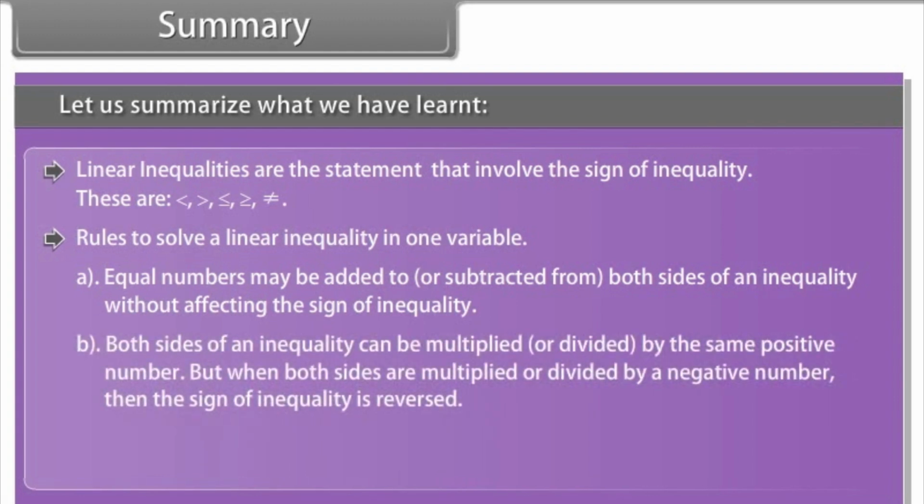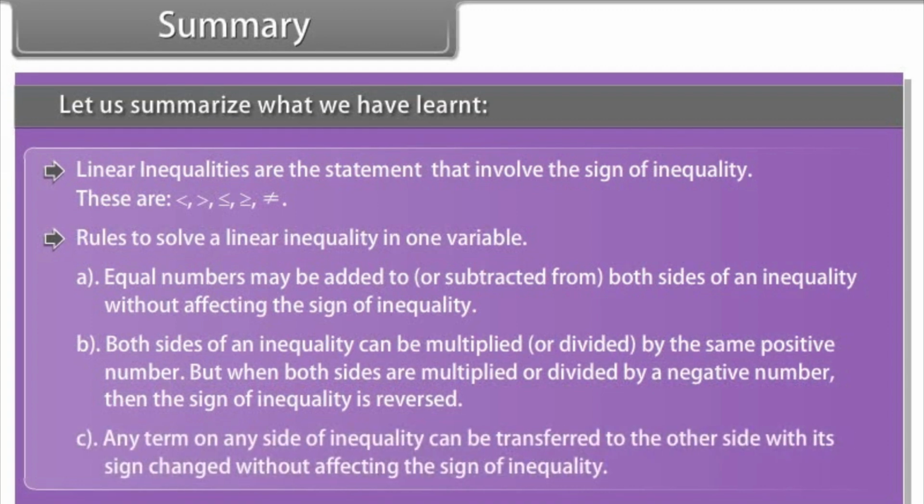B. Both sides of an inequality can be multiplied or divided by the same positive number, but when both sides are multiplied or divided by a negative number, the sign of the inequality is reversed. C. Any term on any side of an inequality can be transferred to the other side with its sign changed without affecting the sign of the inequality.